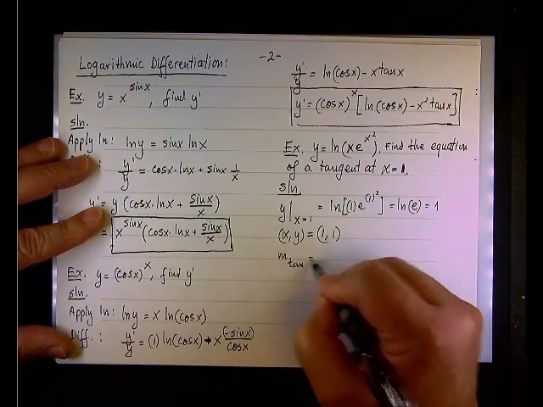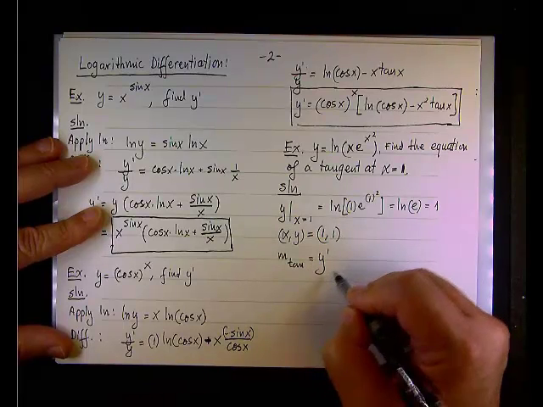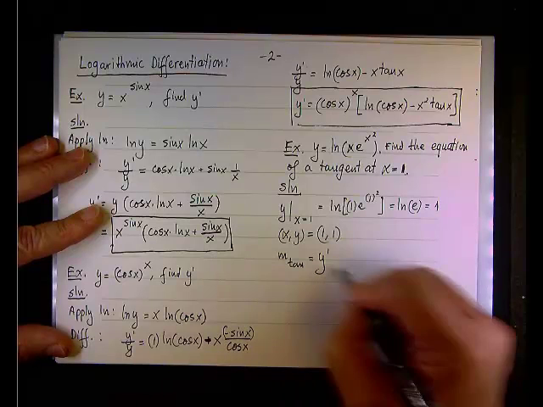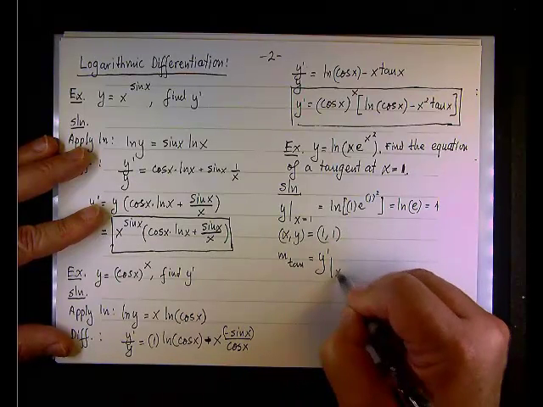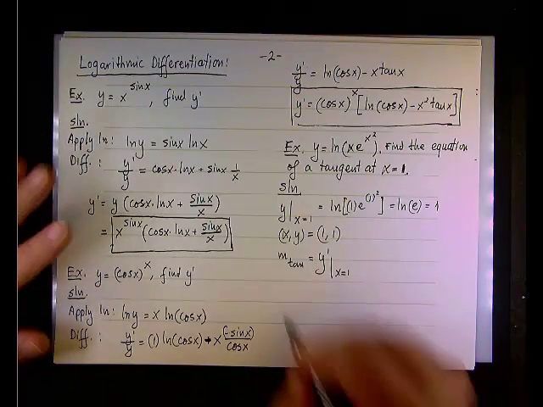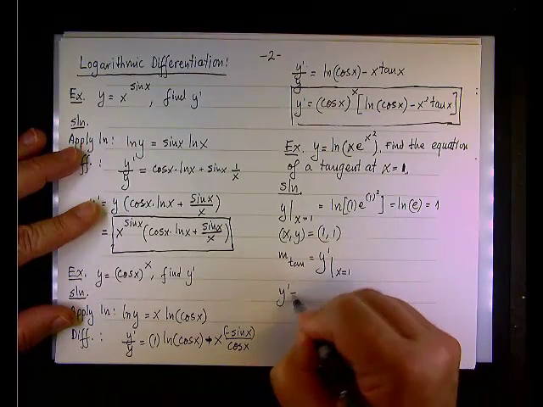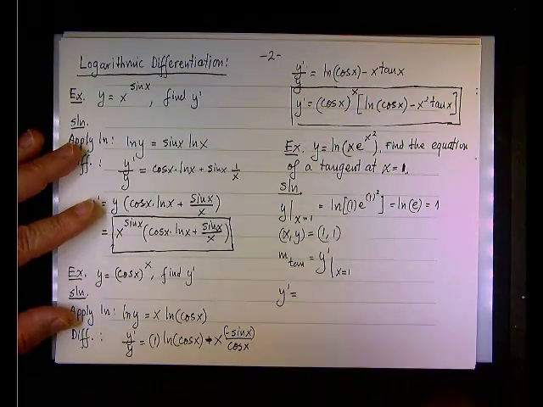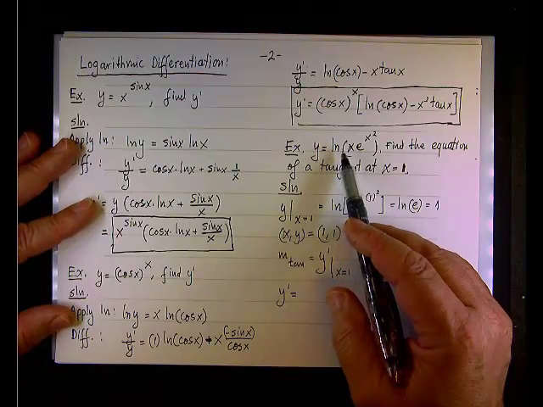And the slope of the tangent is y prime at x equals 1, right? Actually, I'm a little bit premature here, because let's first find y prime in general. So in general, y prime will be the derivative of the function we started with.